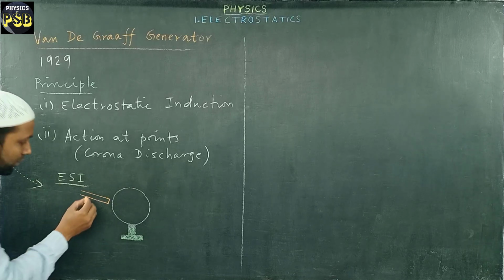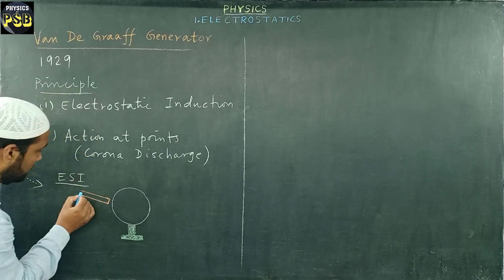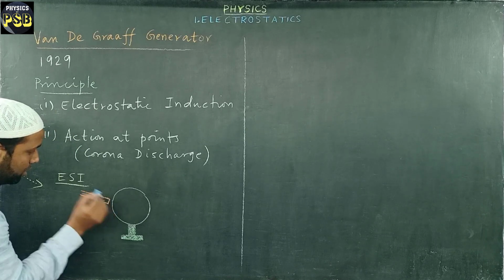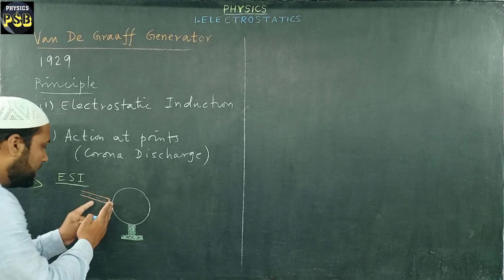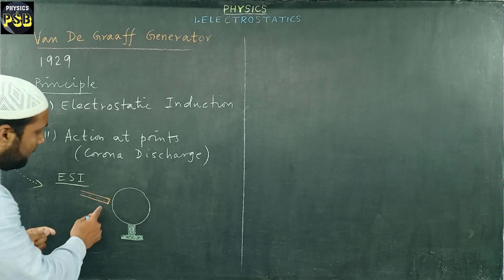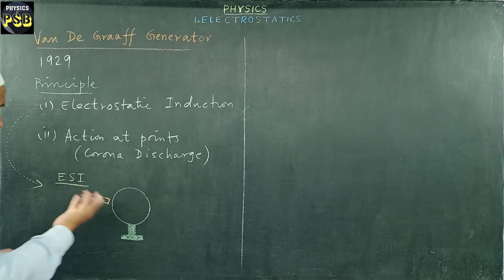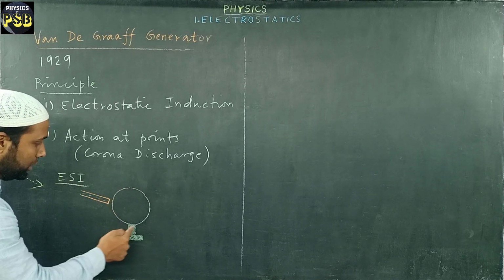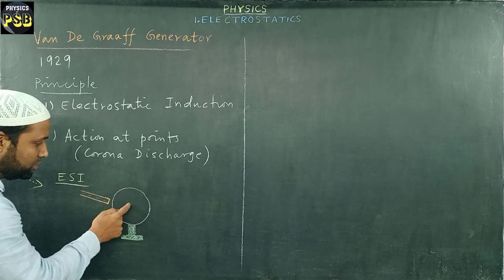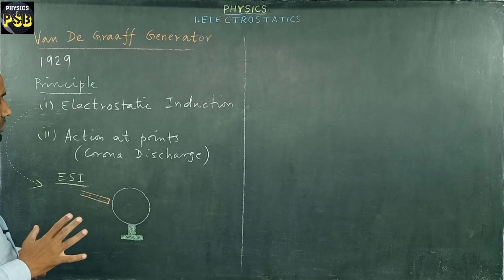Suppose I have a glass rod which carries negative charge. When I do so, if you look at this carefully, you will find that there is no contact between these two objects. Still, what will happen? This object will get positively charged.